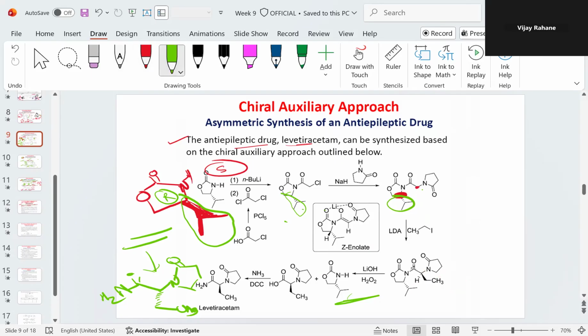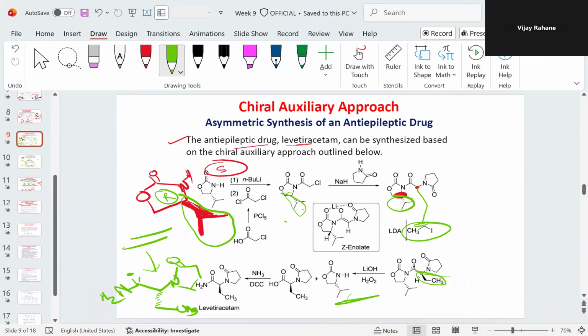Because of the steric hindrance of the isopropyl group in the chiral auxiliary part, we are getting this ethyl group directing upward, and this step is basically a steric induction step.